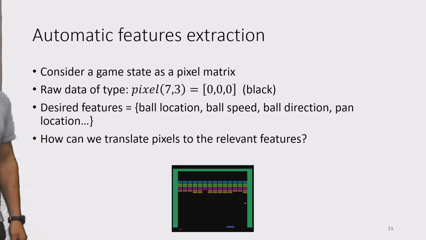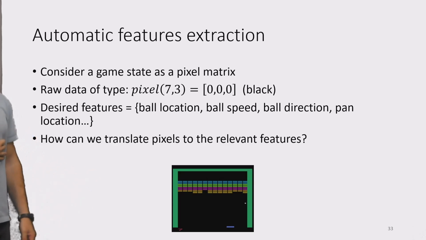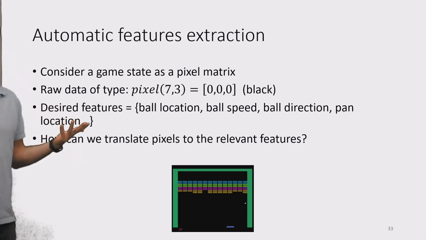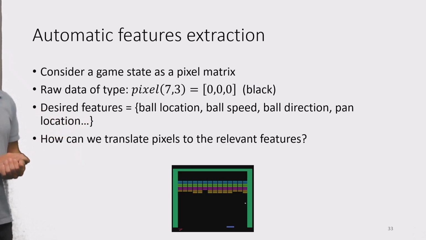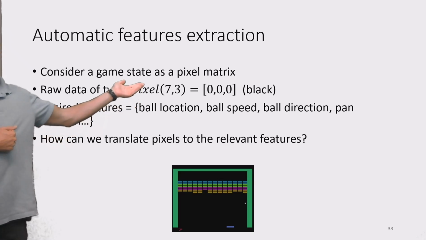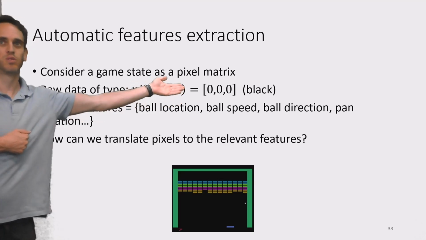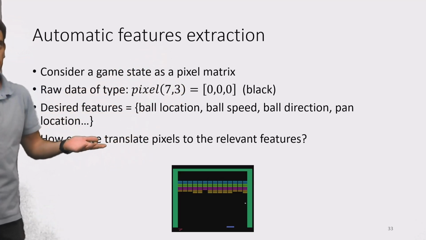So at the end of the day, we can consider a game state, for instance for the breakout game here, just as a pixel matrix over the entire screen. The raw data would be of type: for each pixel, in coordinate 7,3, is RGB 000, which is black, for instance.